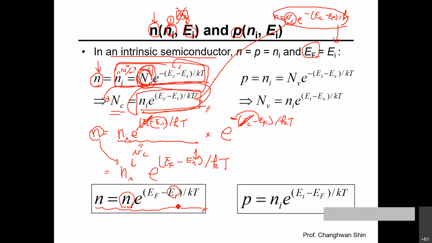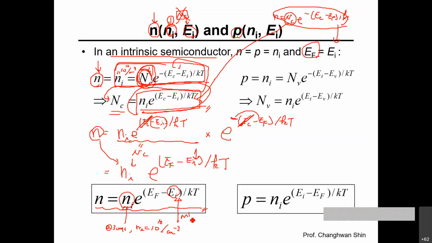And what was the position of E i? That's almost in the middle of the band gap. And what was n i? At room temperature, 300 Kelvin, n sub i is kind of constant, 10 to the 10 per cubic centimeter.